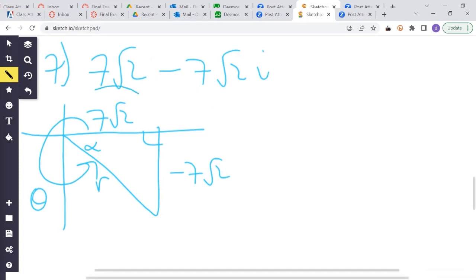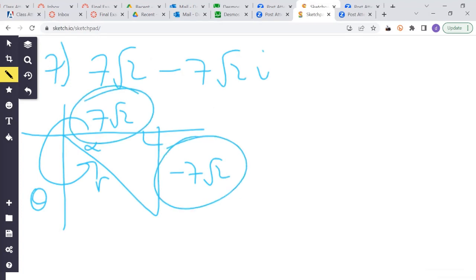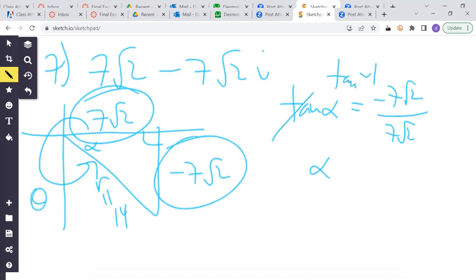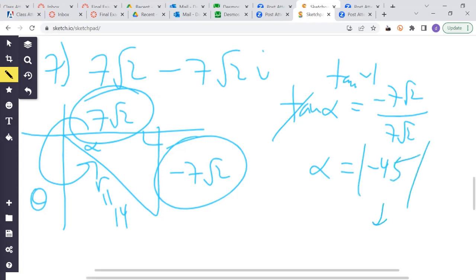Now go Pythagorean theorem carefully with these, and you'll note that r is 14. Use parentheses on your devices to find r. Should be 14. Now to find theta, first find alpha. And to find alpha, we can go tangent. We know that tangent of alpha is opposite over adjacent, and take the tangent inverse of both sides, and you get, I think, negative 45 degrees, but we'll take the absolute value.